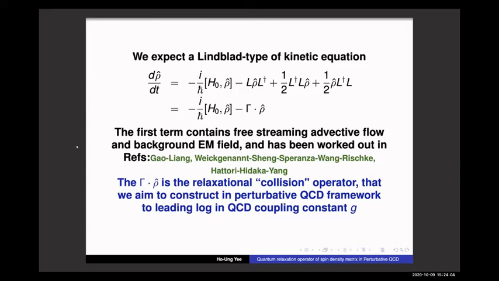That helped us to focus just on this relaxational part, which we denote by gamma there. And we are going to explain that this collisional term, which corresponds to relaxation, can be computed in leading log order in the QCD coupling constant.